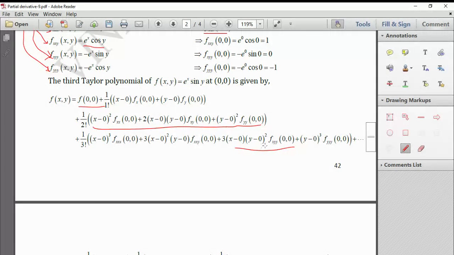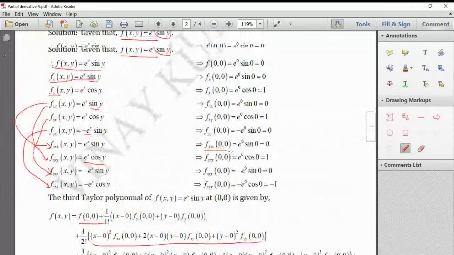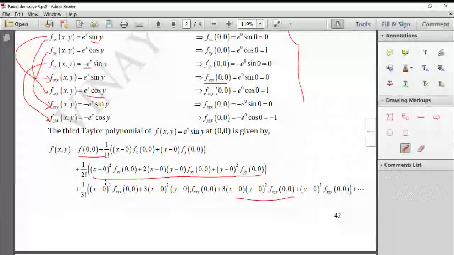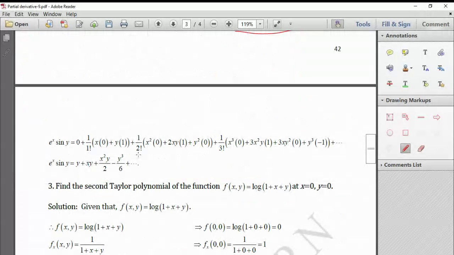So simply you will get y minus 0 whole cube fyyy at 0, 0, etc. Now substitute all these things in this, right? So you're going to get this much.